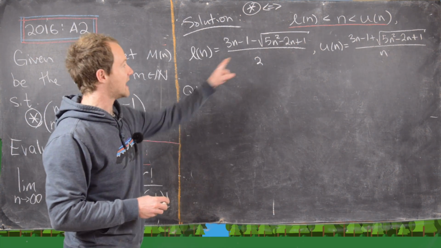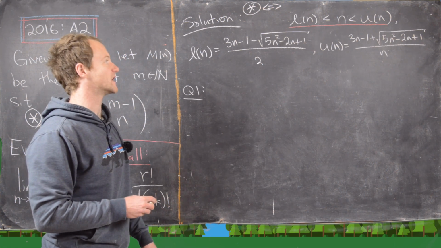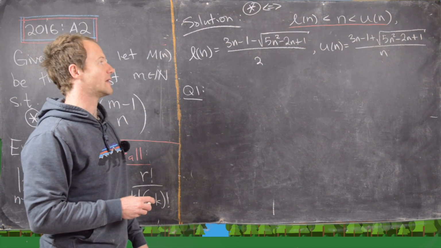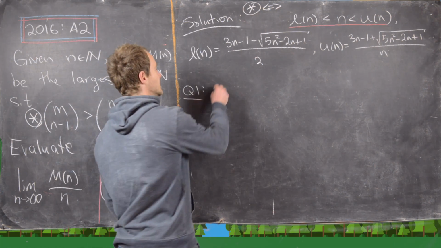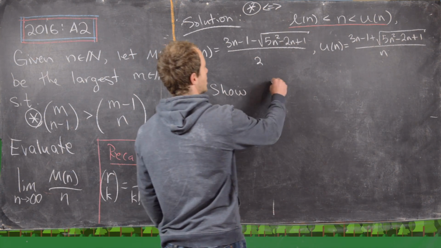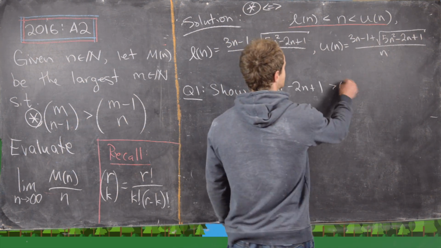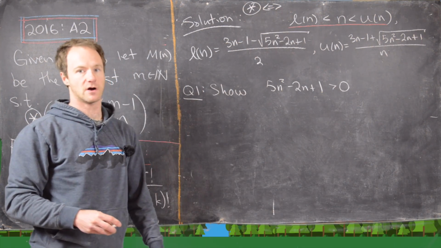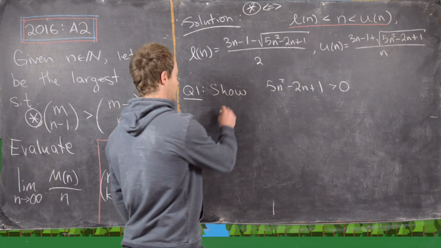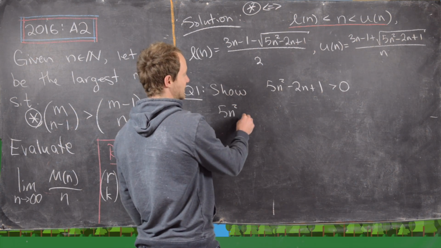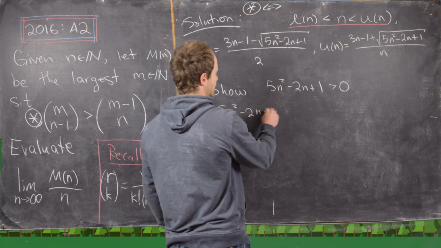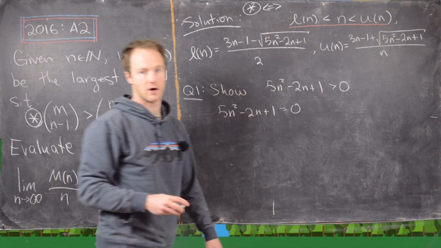The way we can do that is by looking for roots of 5n squared minus 2n plus 1. So in other words, we're going to show that 5n squared minus 2n plus 1 is always bigger than 0, and we'll do that by solving the equation 5n squared minus 2n plus 1 equals 0.